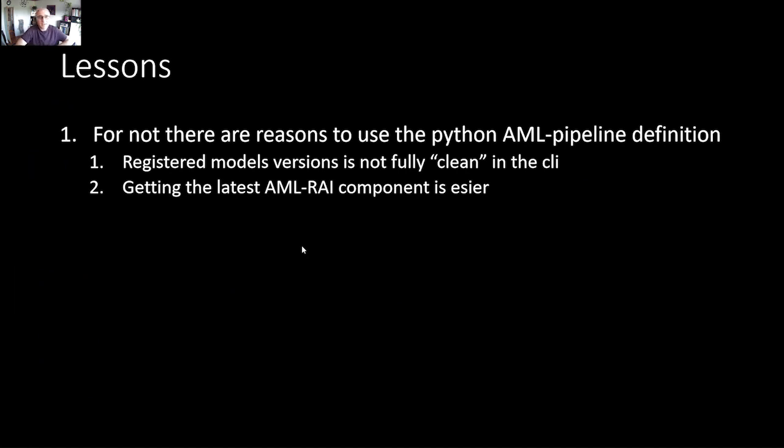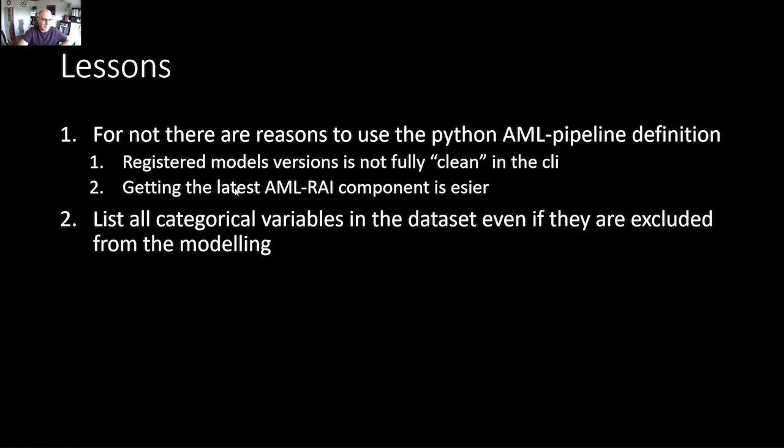So you saw I managed to get the notebook to work a little bit easier for me than in the CLI. A few things were restricted. For instance, the model versions, getting that, and getting the latest AML responsible AI component. You have to hard code the number in the pipeline.